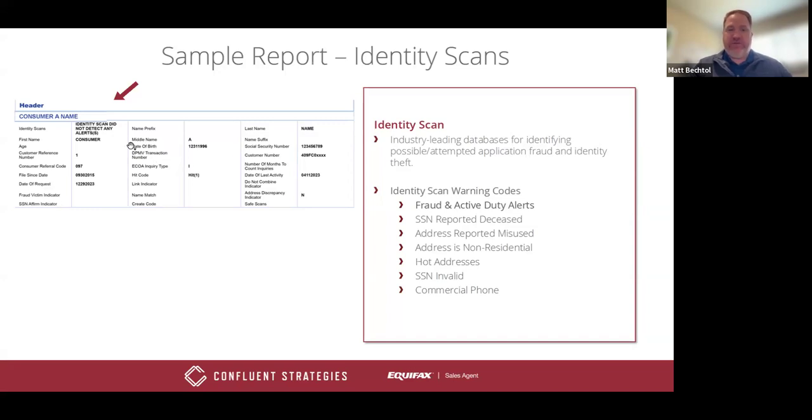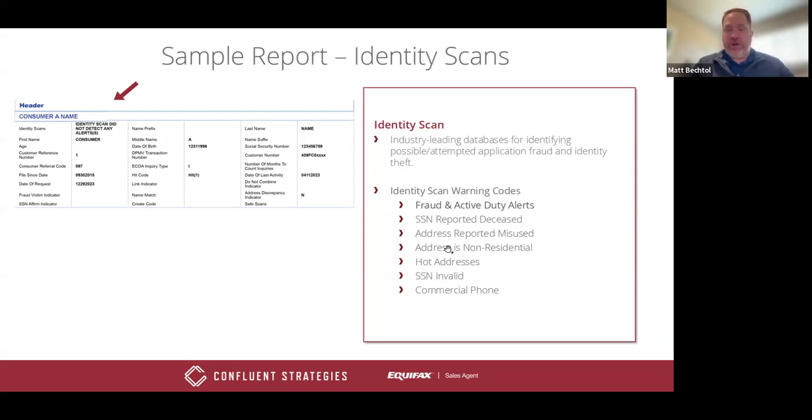We're going to give you those alerts here. Indications don't necessarily mean that it may be fraud, it's just a red flag. Has the social been reported as deceased? Has there been suspected fraud at the address? Has the address ever been reported as misused, or is the address non-residential?